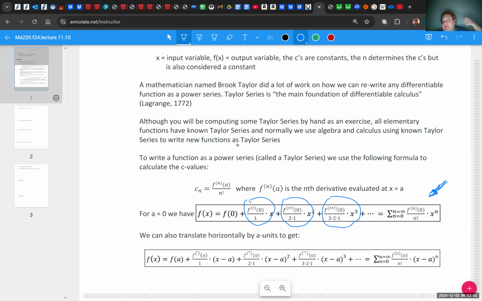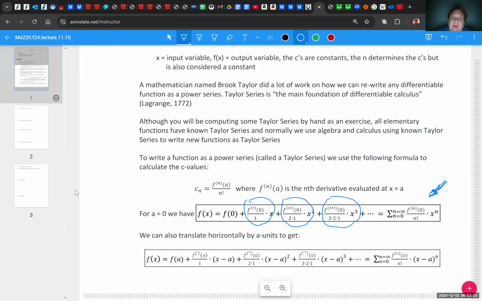And the bottom is just the factorial. So either 1 factorial, 2 factorial, 3 factorial, which is 3 times 2 times 1, or 4 factorial would be 4 times 3 times 2 times 1. I'm not saying you need to memorize this, but sometimes it helps that it's not just a jumble of random numbers and letters, that you have an idea of what's going on. The third derivative is going to give me the x cubed constant.